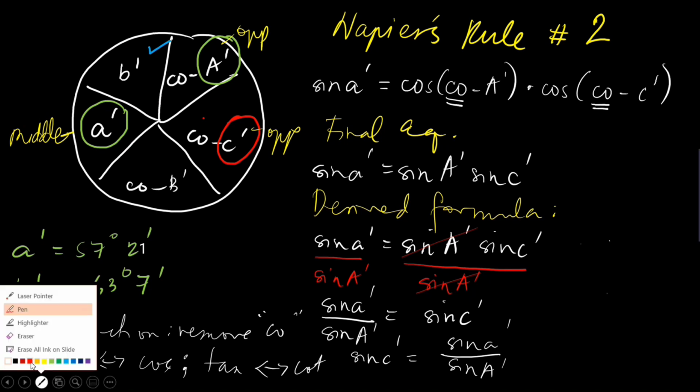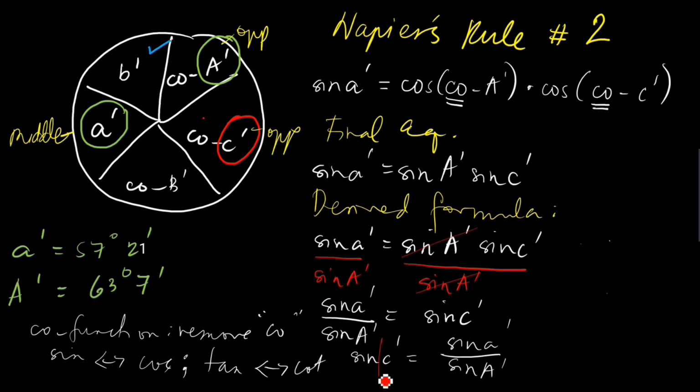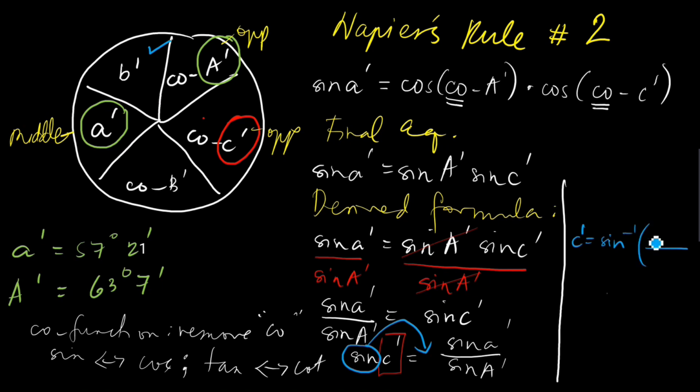And again, what we need is the small c prime. So what we are going to do is move sine to the other side. Okay. So we have small c prime equals arcsine of small a prime over sine of big A prime. Okay. Next. So we can already substitute.